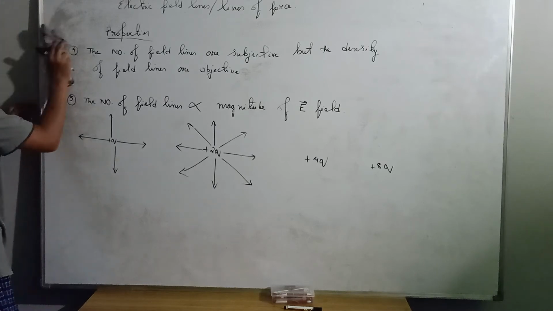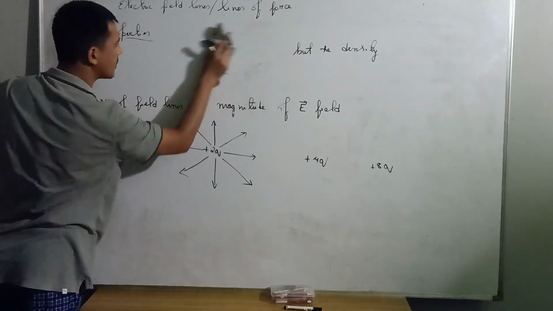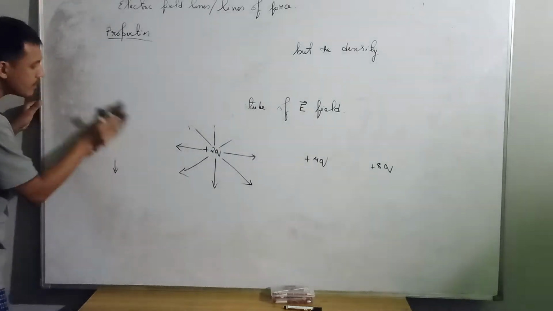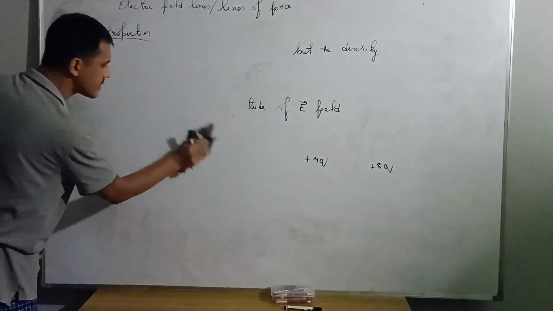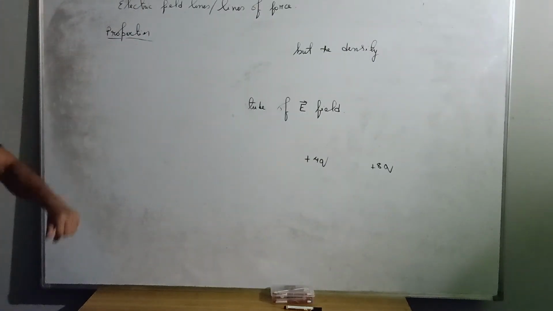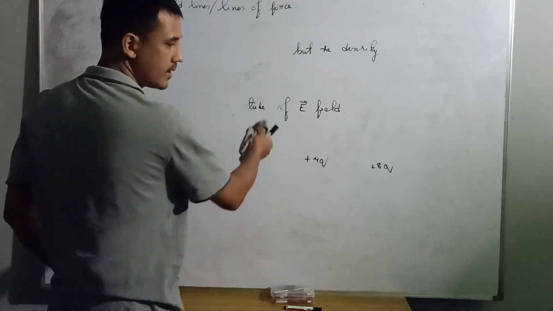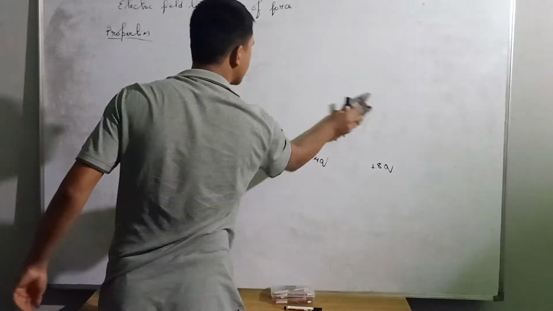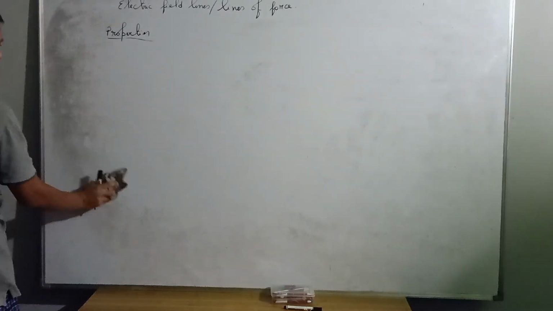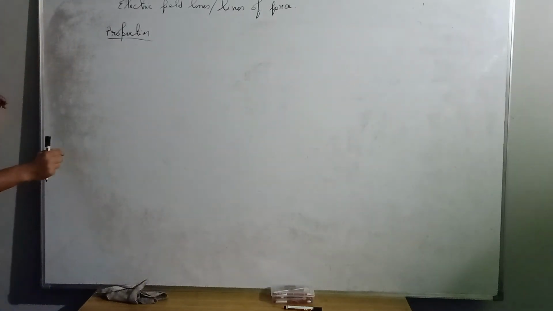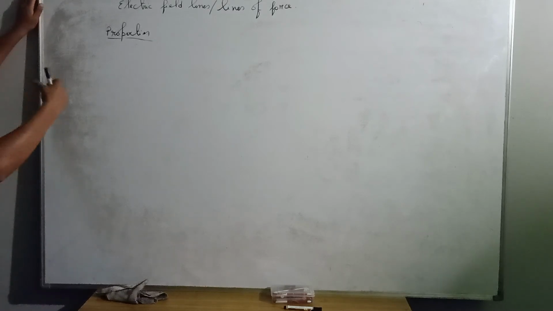Okay. The sixth one, the density of the field lines gives the magnitude of the electric field. Okay? Meaning, at any point or at any region, wherever the density of the lines is more, the magnitude of the field will also be more.